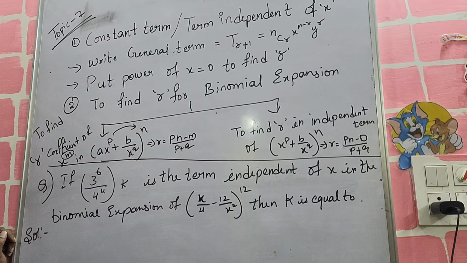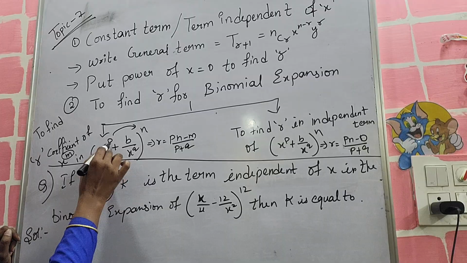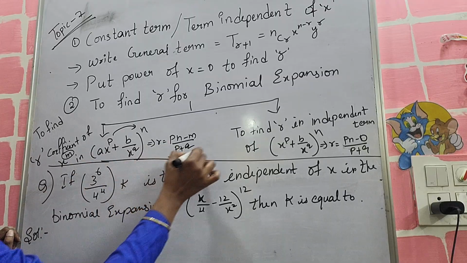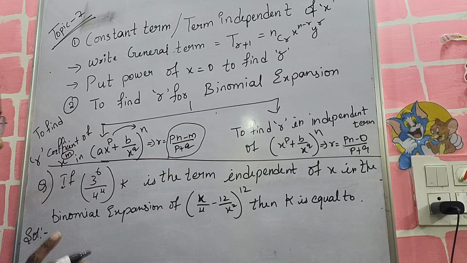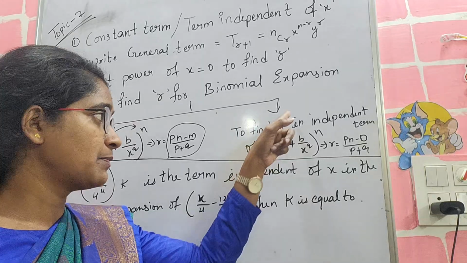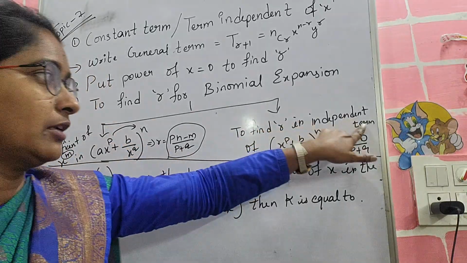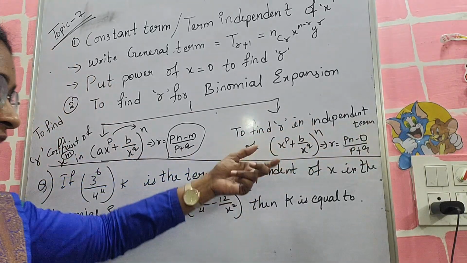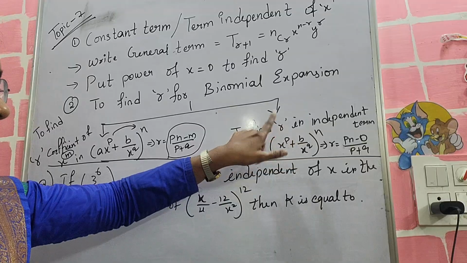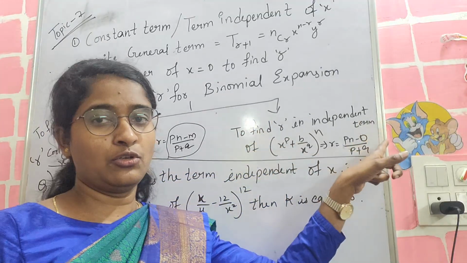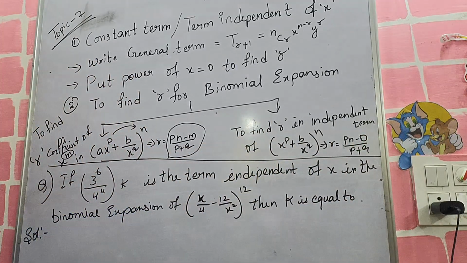This is a formula we are going to use. Then if they ask for the independent term, x power of 0, m becomes 0, since there was no x. So m we are going to keep as 0 over here.